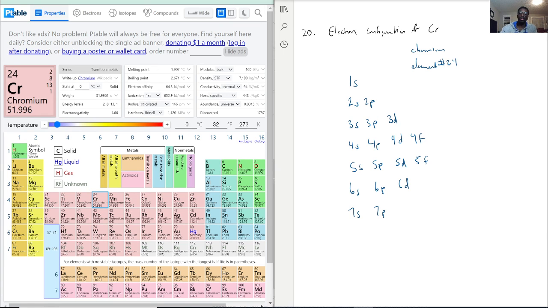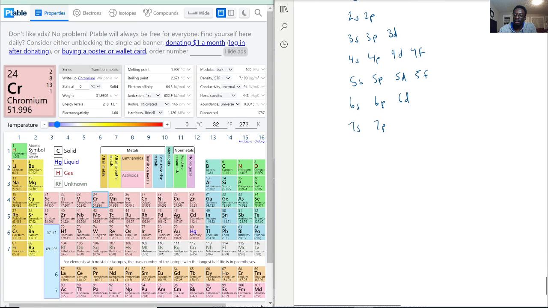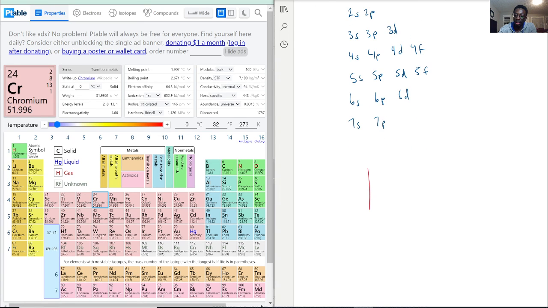Okay, so element number 24, the way it works, if I were to draw the periodic table, is that, there we go. All right, so with this being said, let's split it here and here, and let's highlight this part.